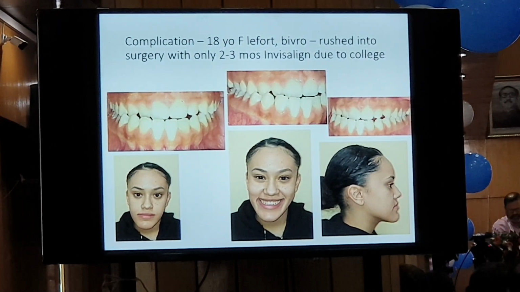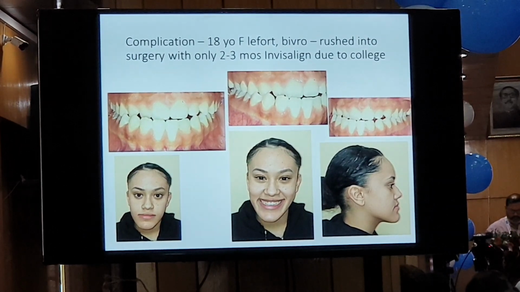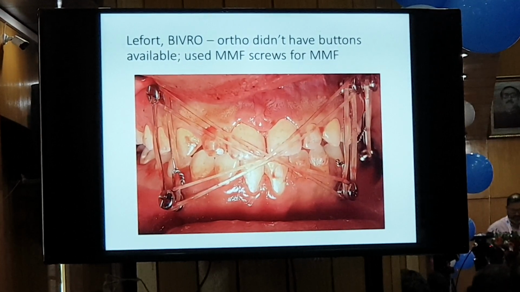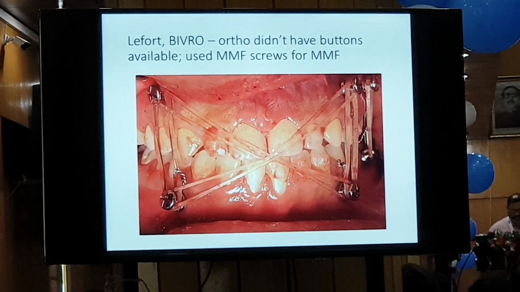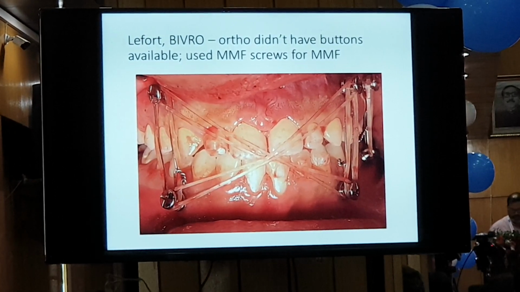This is another case. I think this is the final case. I just wanted to show a complication where, again, class 3 malocclusion. We ended up using MMF screws, etc., to support her occlusion at the end of the surgery.